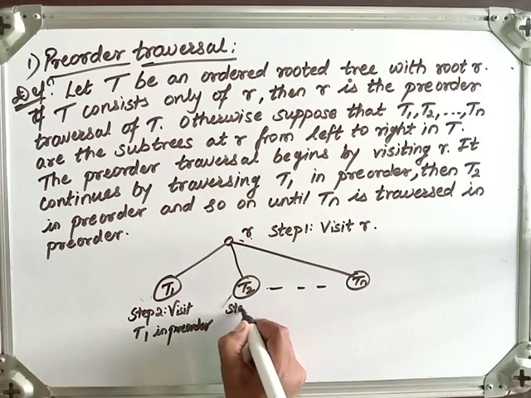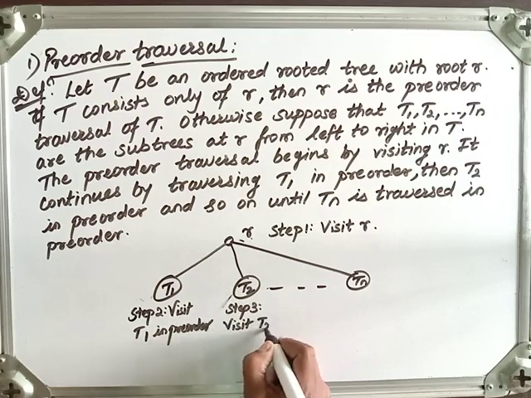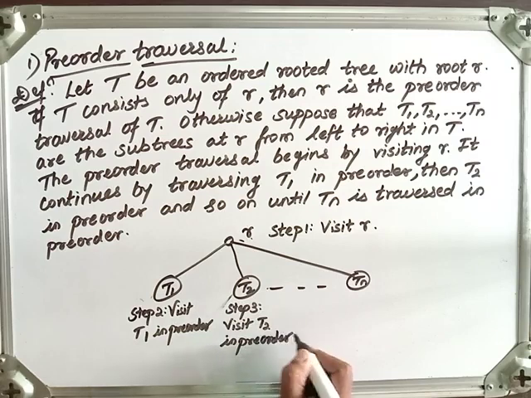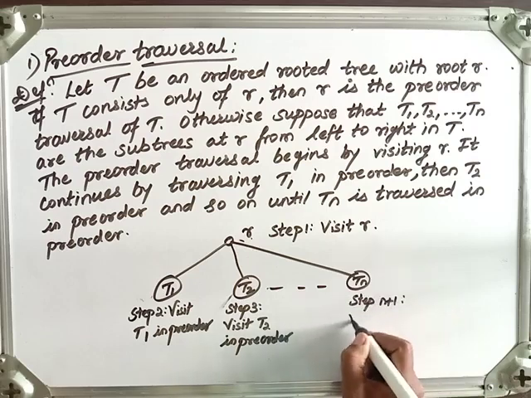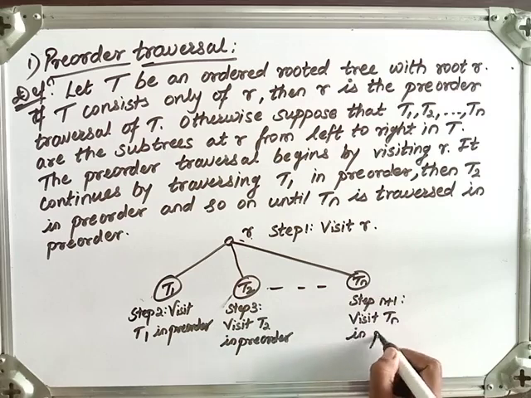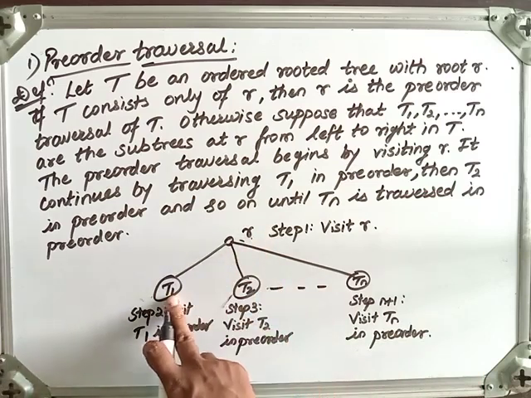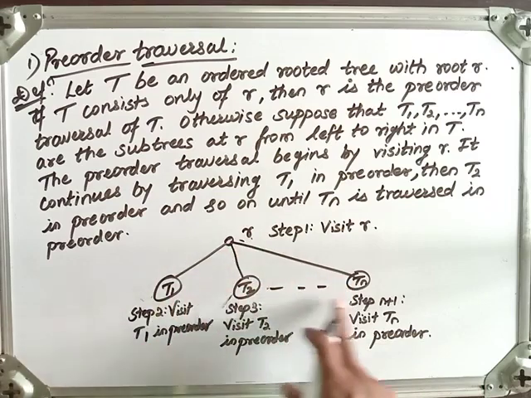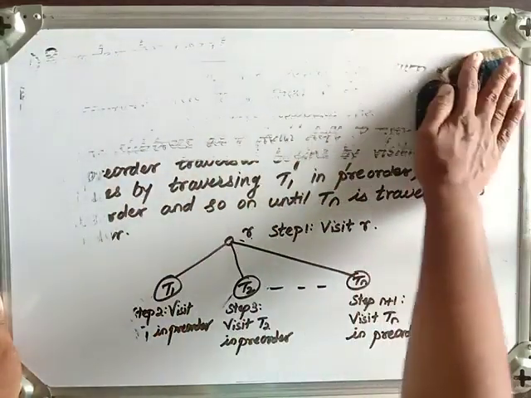In step 3, visit T2 in preorder. And step n+1 is to visit Tn in preorder. First of all, we have to visit the root, then this subtree, then the next subtree, then the next subtree. As such we have to go. Let's see an example so that it will be clear to you.